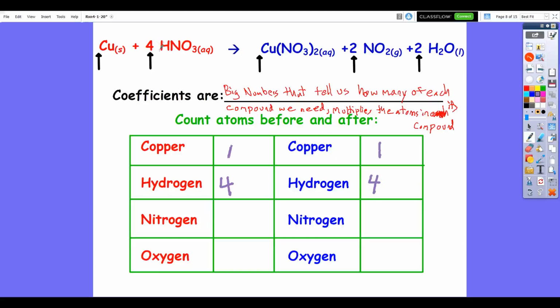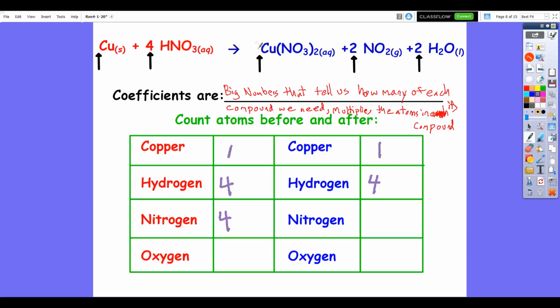Nitrogens, over here, I've got a coefficient of 4, subscript of 1, so 4 times 1 gives me 4. On this side, it's going to get a little bit more complicated now. So I've got nitrate. There's only 1 nitrogen in nitrate, but I have 2 nitrates per copper nitrate, so that's 2 times 1. So 2 nitrogens here.